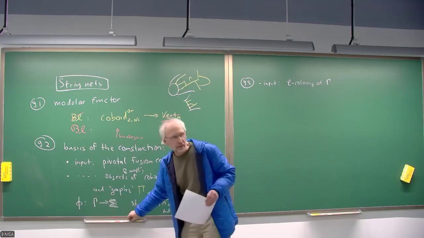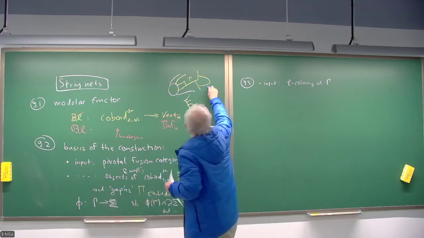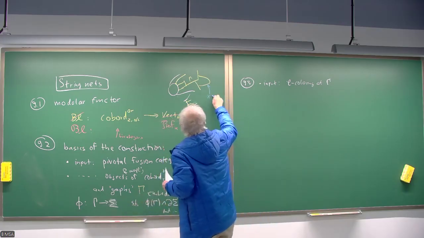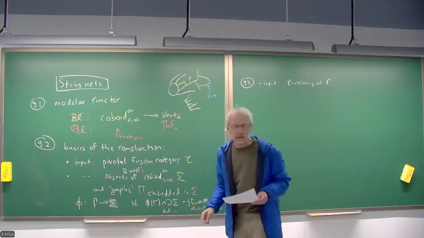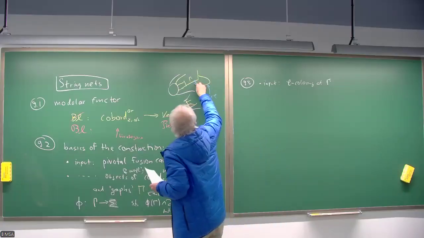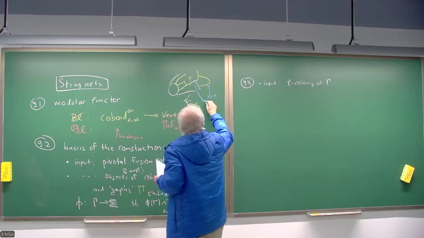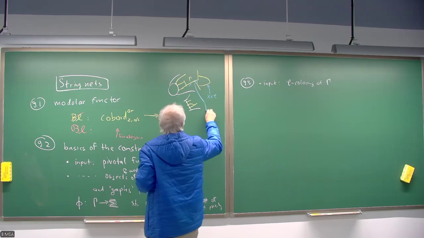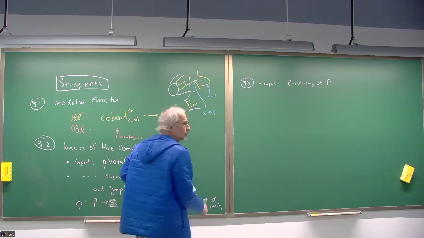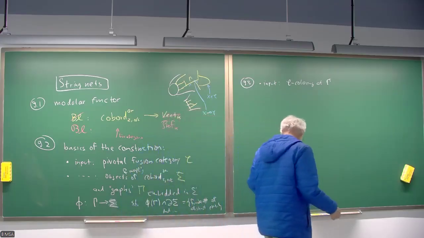This is just what you would expect. Namely, to each edge of the graph, you assign an object in C, and to each vertex, if you have objects X and Y here, accounting for orientations, then this would be a morphism from X to Y or the other way around.